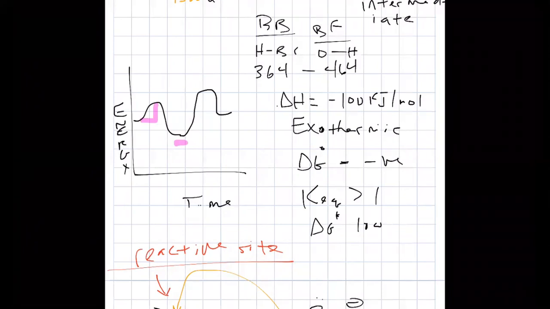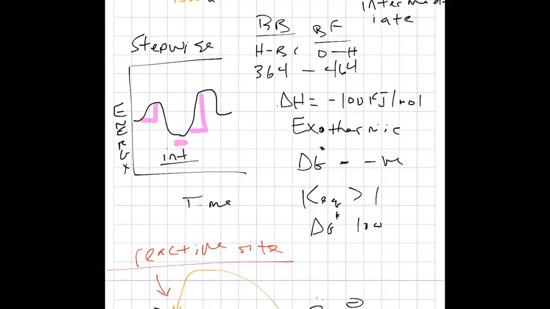So this is endothermic. You can see here the activation energy is much higher. That's my intermediate in between. So this is an example of what we call a stepwise mechanism. Multiple steps to get to the product.